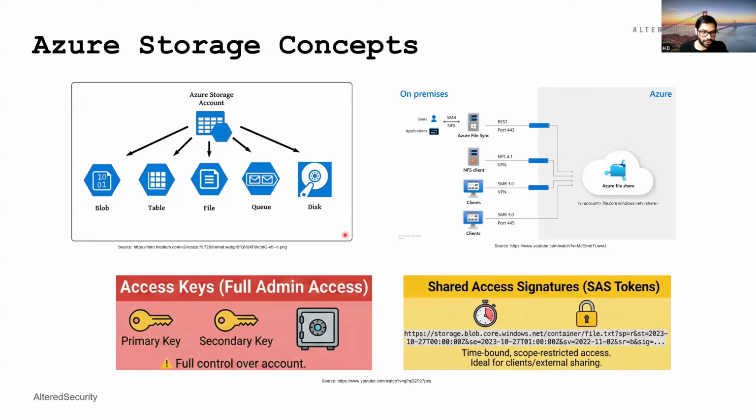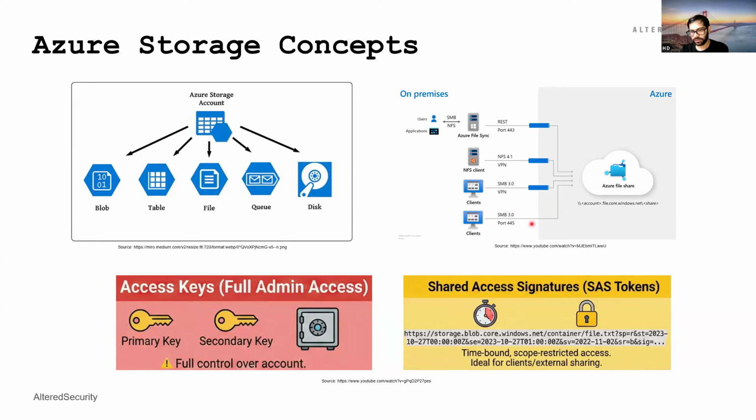To explain what Azure files is, as I said previously, in a single sentence, these are SMB shares, but instead of your on-prem server, it is in the cloud. Microsoft has evolved their own technology for Azure, their cloud service. You can access Azure file share on port 445 using SMB 3.0.